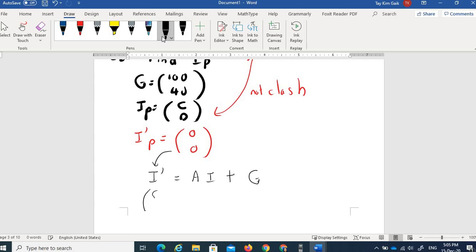The left side you have the 0 vector. Matrix A is (negative 5, 2; negative 2, 0). We already assume I is a constant vector C and D. Vector G is (14, 0).